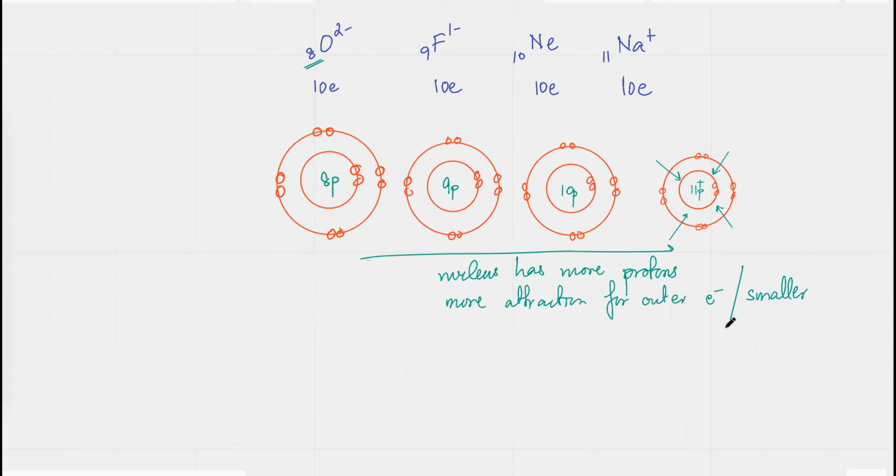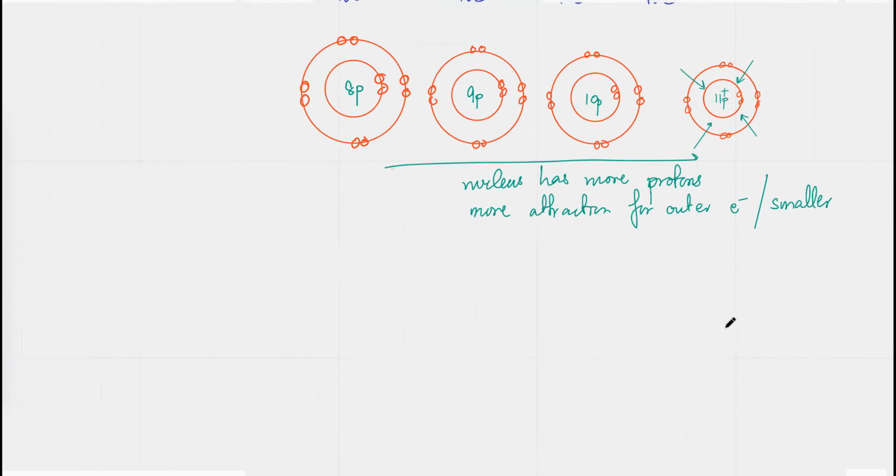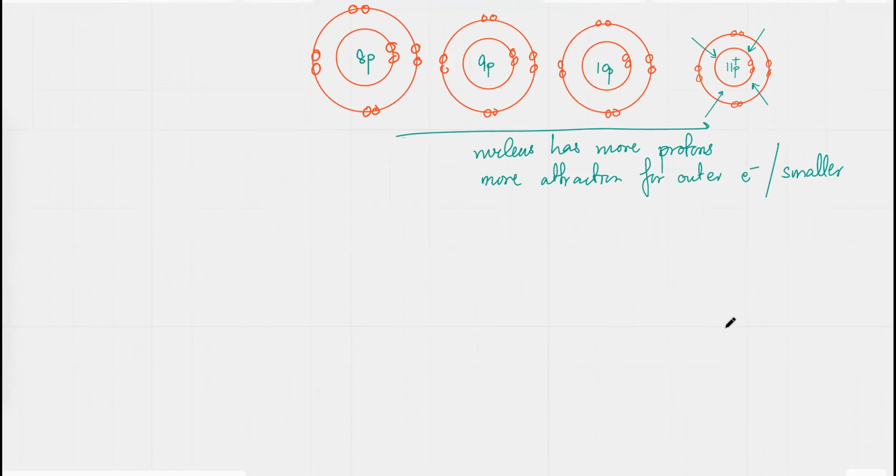Then when you're trying to figure out the atomic sizes, the other thing is pretty obvious. If you have more shells, then obviously you're going to have a bigger atom or ion. Like if there was an atom with 3 shells, then it's going to be bigger than all of these. So it's going to be a bigger atom or ion.